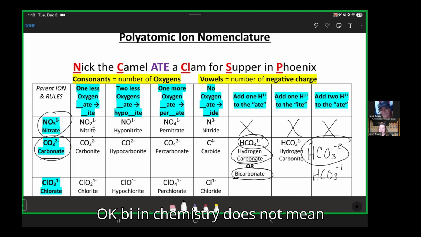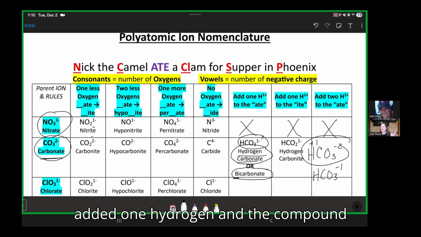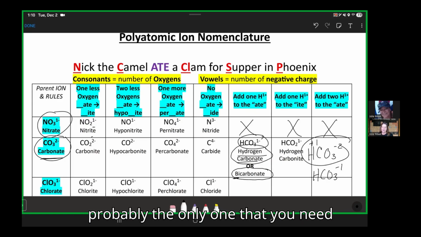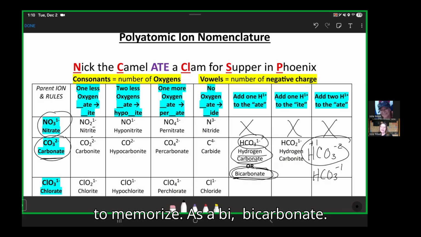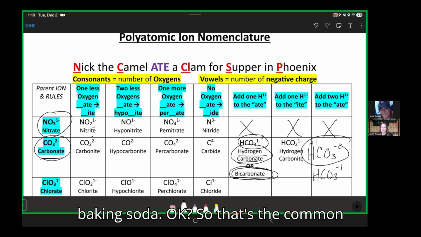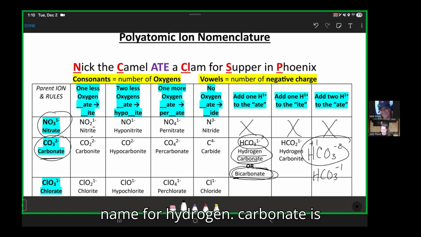Bi in chemistry does not mean 2. Di means 2. Bi means you added 1 hydrogen and the compound still has a charge, okay? So that's probably the only one that you need to memorize as a bicarbonate. You've heard of it. Sodium bicarbonate is baking soda. Okay, so the common name for hydrogen carbonate is bicarbonate.